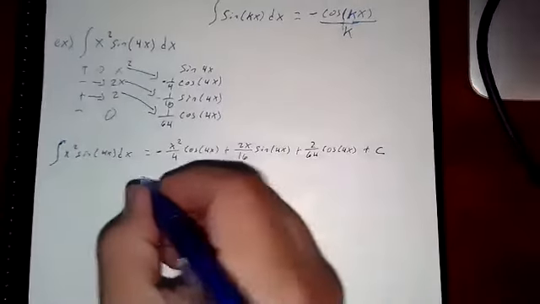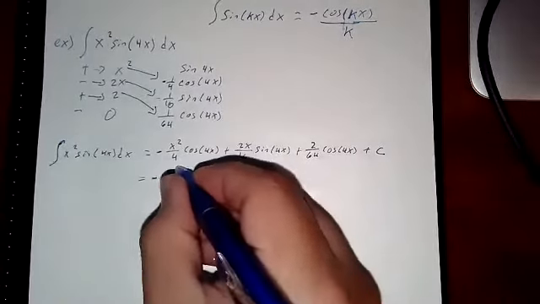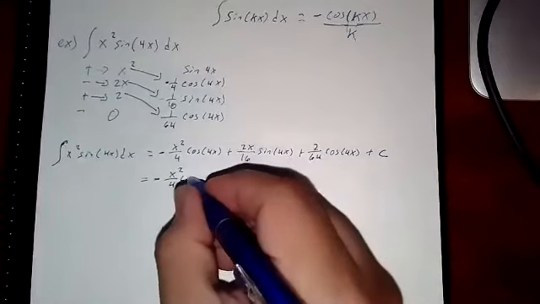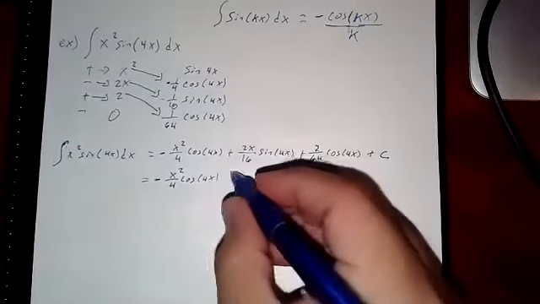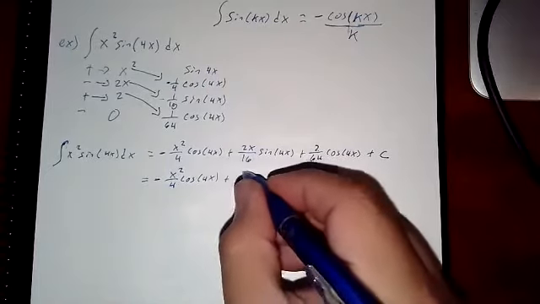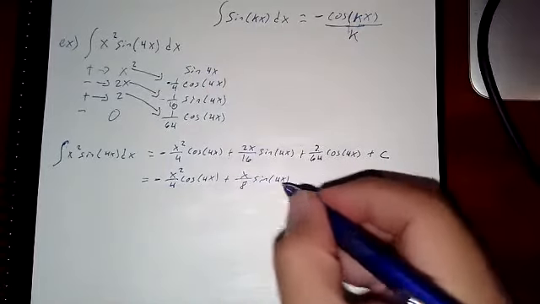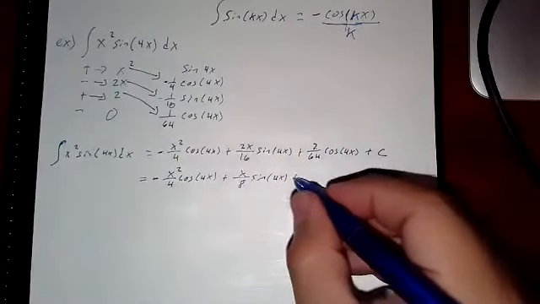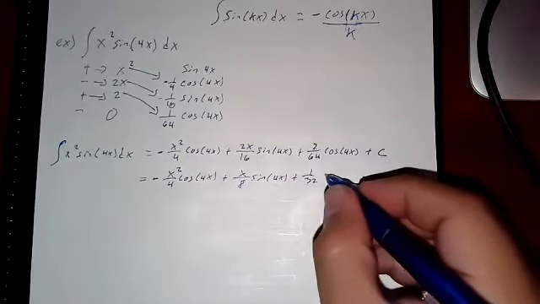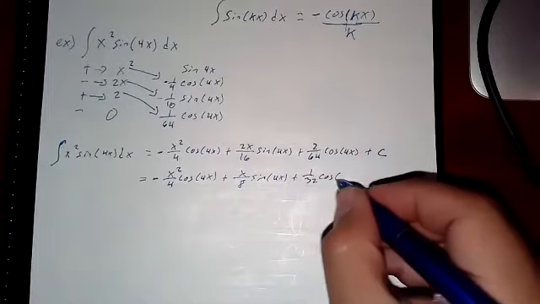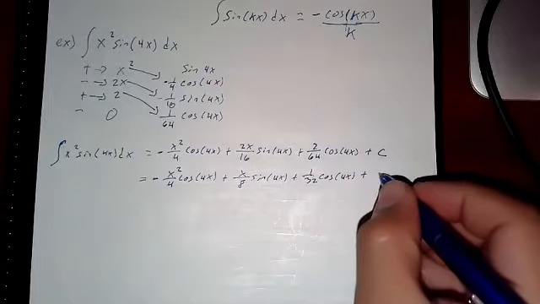And we can reduce this: 2 over 16 is x over 8 sine 4x, 2 over 64 is 1 over 32 cosine 4x plus c.